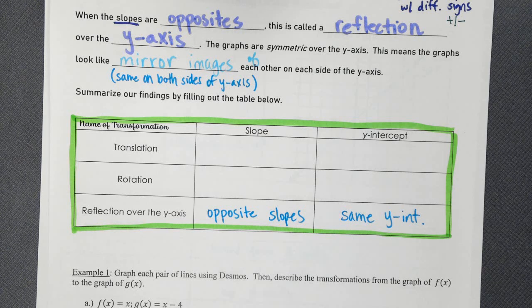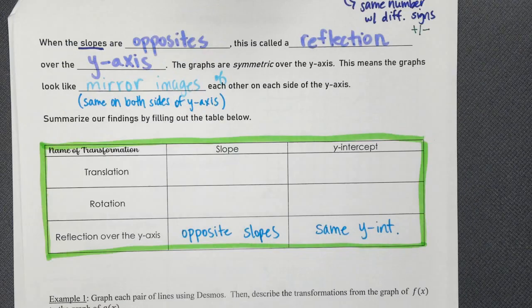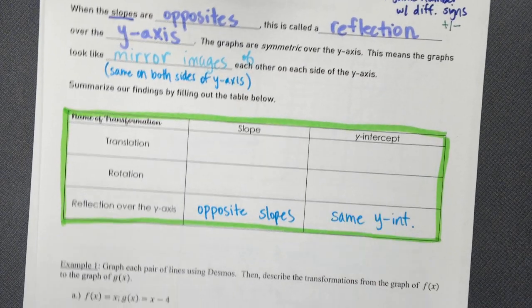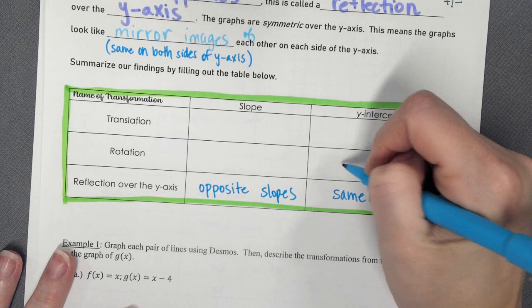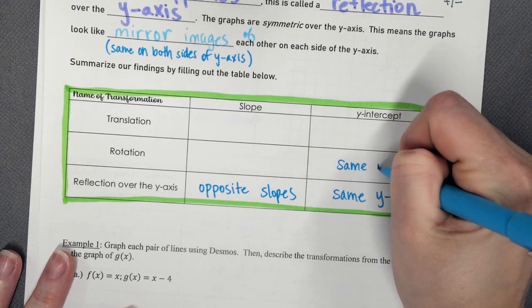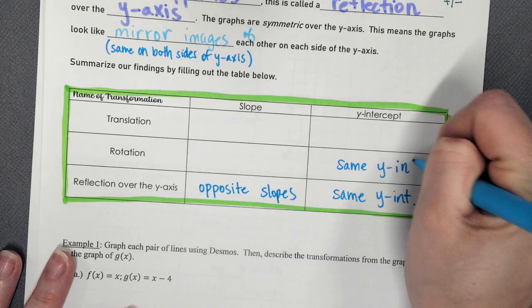On the second page, when we did those graphs, did the y-intercept change at all? Nope. So if the y-intercept didn't change, for this one here, your rotation, you have the same y-intercept.